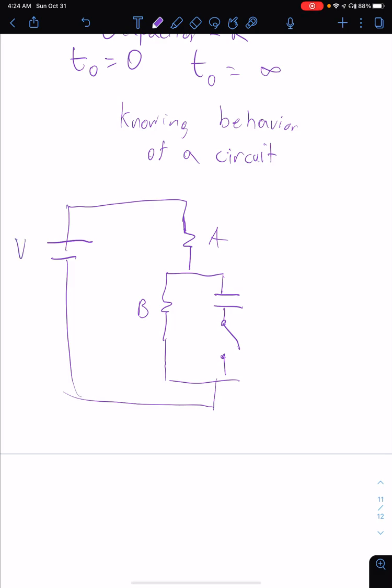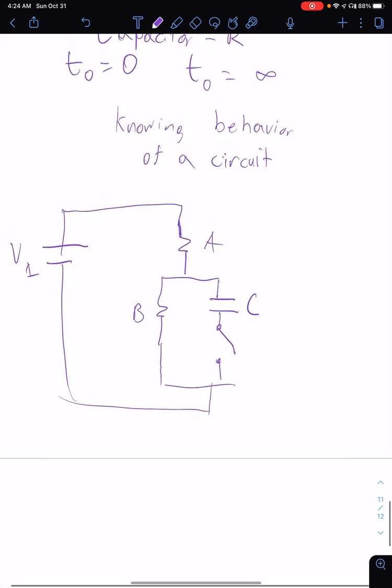This has a voltage of V1. This has a resistance of A, B, and then the capacitor is C. Okay, so these have the same resistance actually. So let's just say they're both 10 ohms.